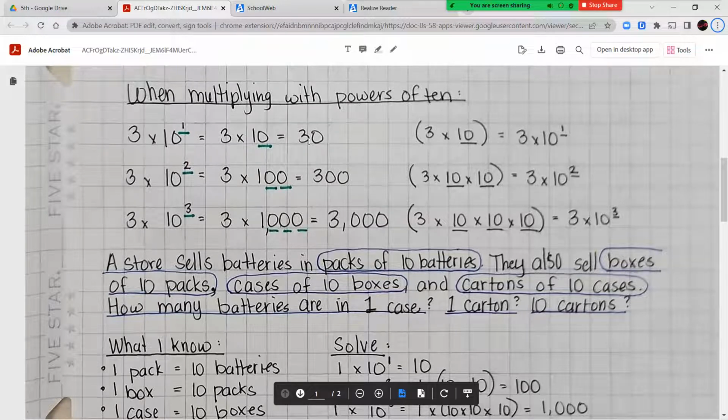So 3 times 10 is 30. 3 times 10 to the power of 2 is the same thing as saying 3 times 100, or 3 times 10 times 10, which gives you 300. 3 times 10 to the power of 3 is the same thing as saying 3 times 10 times 10 times 10, or 3 times 1,000, which gives you 3,000. So that exponent, that number that you have written higher up next to your number, tells you how many zeros you're going to have in that power of 10.